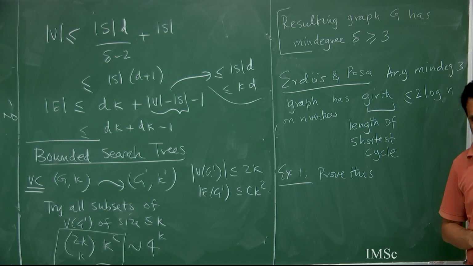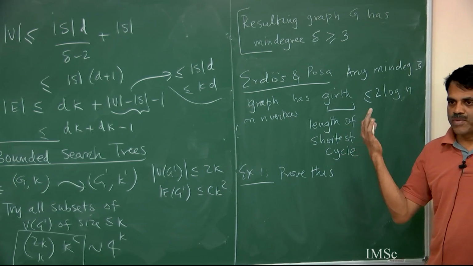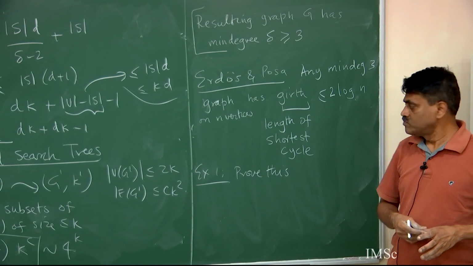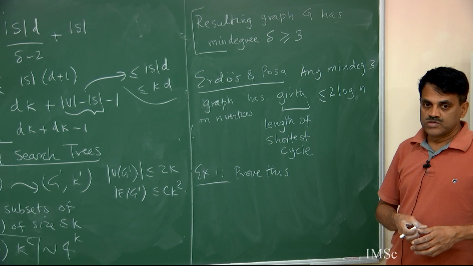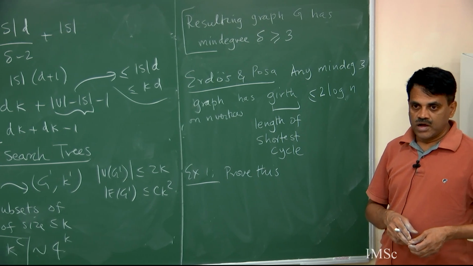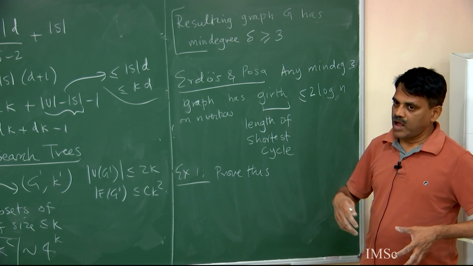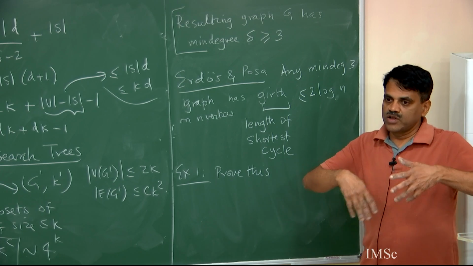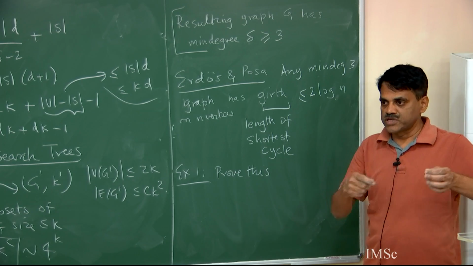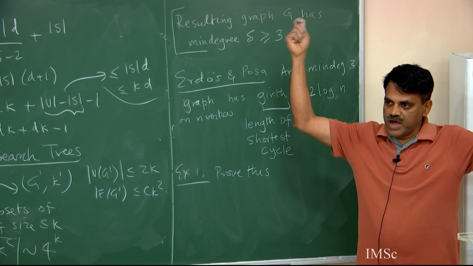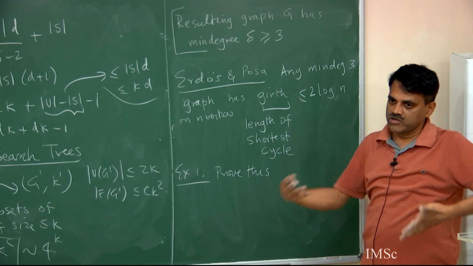Now, if I have this, does that help my branching algorithm? So, what do I do now? I find such a cycle and then do the branching. I know that at least one of the vertices must be in any feedback vertex set. So, what sort of a running time would I get?